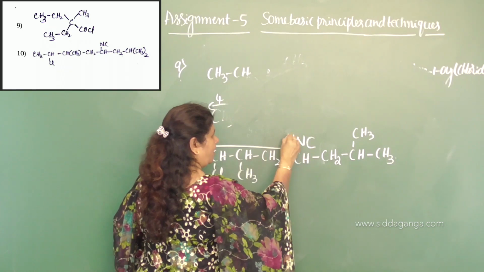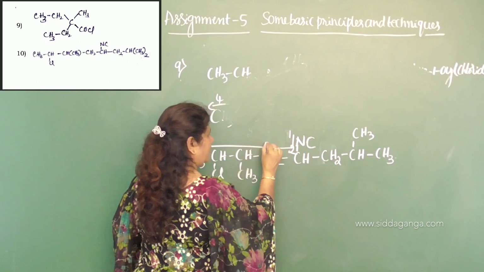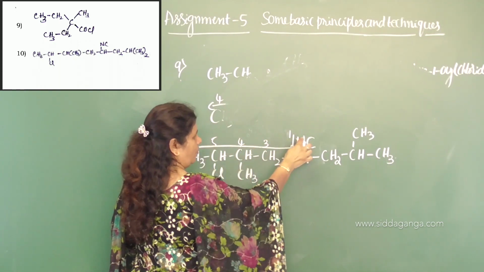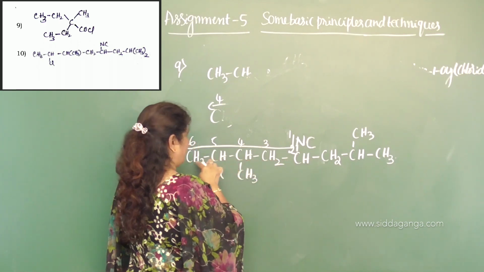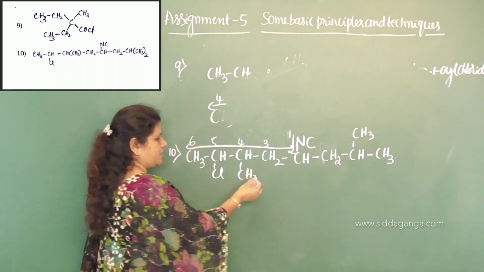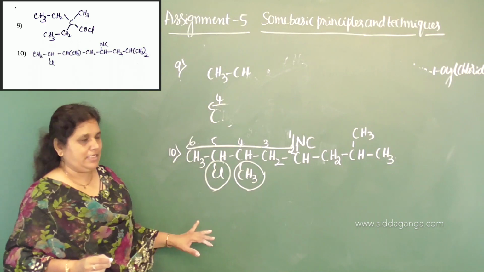And here is 1, this is first carbon, this is second, third, fourth, fifth and sixth. 1, 2, 3, 4, 5, 6. On the fourth carbon we have a methyl group, 1 substituent. And on the fifth carbon we have the substituent Cl.